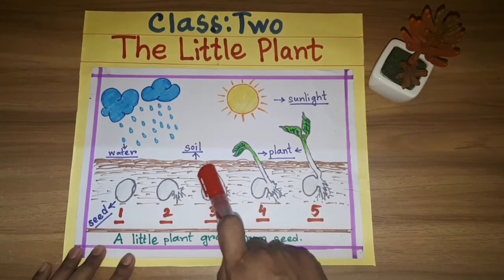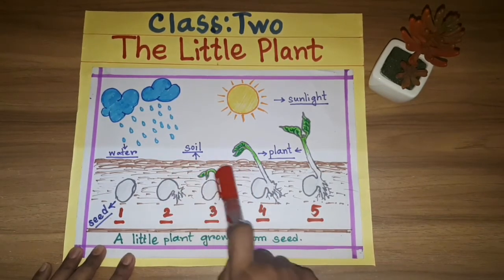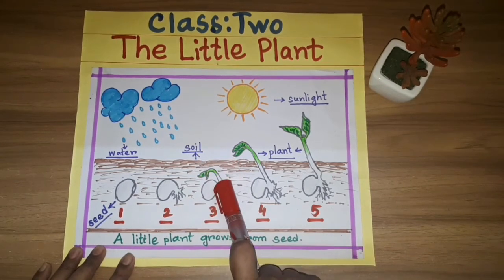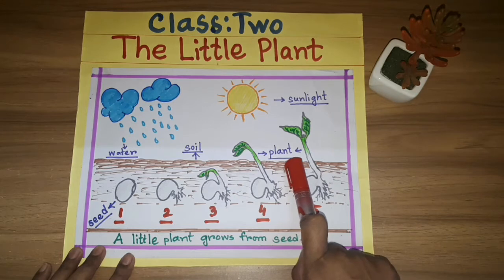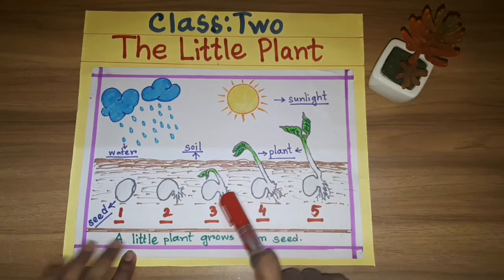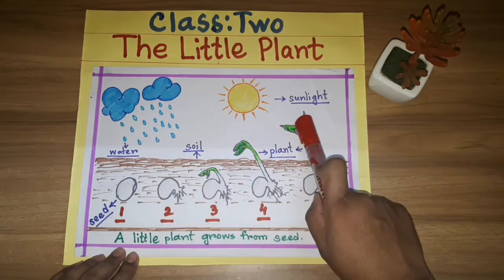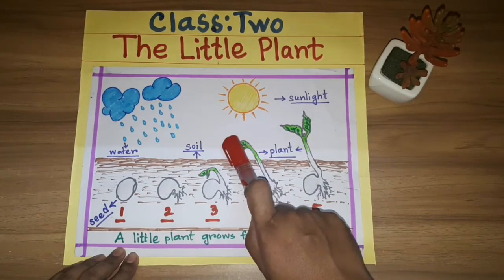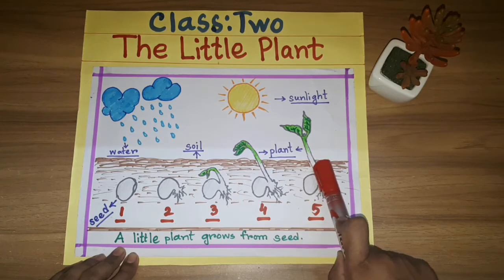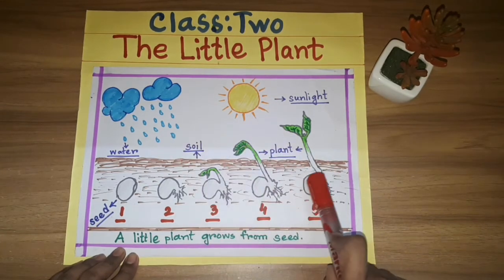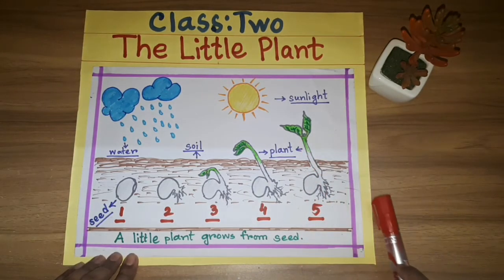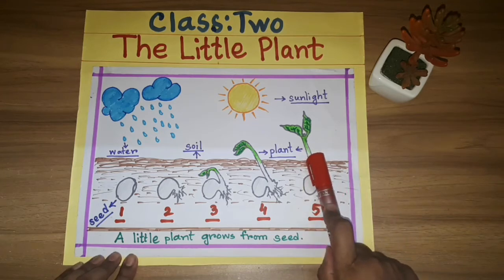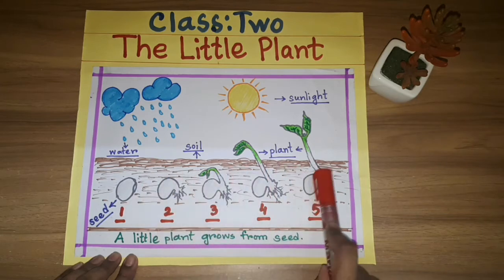Again, from here, little leaves came out, but they are still under the soil, so we cannot see them. We can see things above the ground, right? When the seed got properly the water and sunlight, it grew as a plant. And when it got enough sunlight and water, it stood up straight, just like a plant. So today our poem is about this little plant and how it comes from a seed.